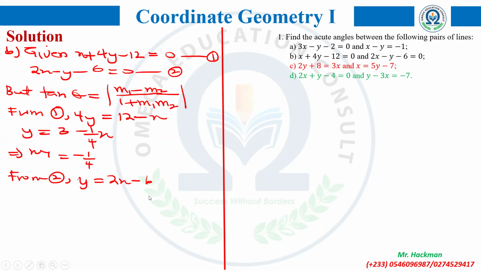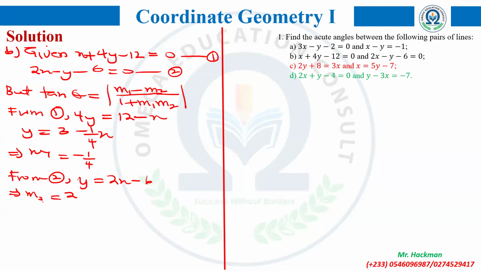That's what I did. You get it? Okay, so now this implies that m sub 2 will be equal to 2, the gradient, the coefficient of x. Okay, so I think we are good.